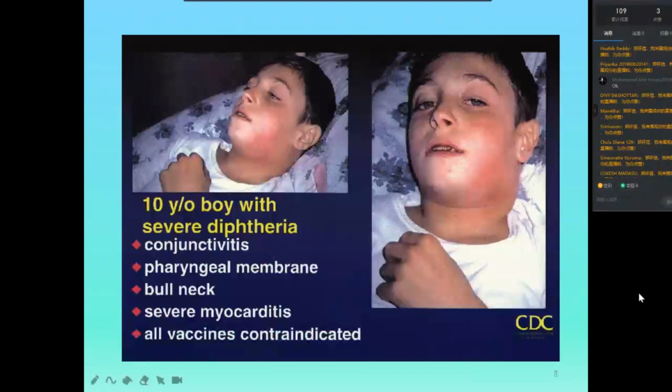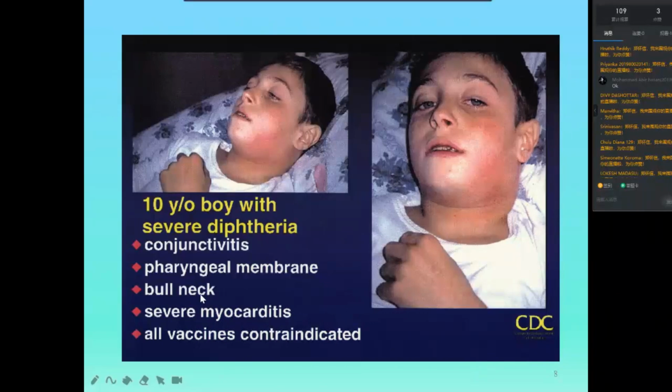Here is one famous example of diphtheria. This is a boy with severe diphtheria infection. And you can see the swollen neck lines, and he also developed severe myocarditis.